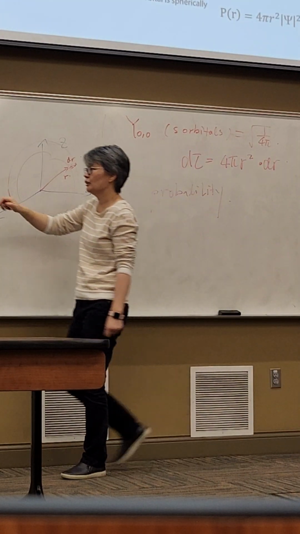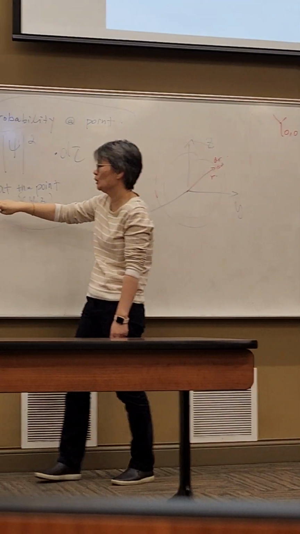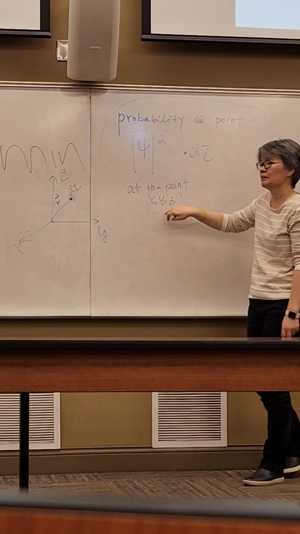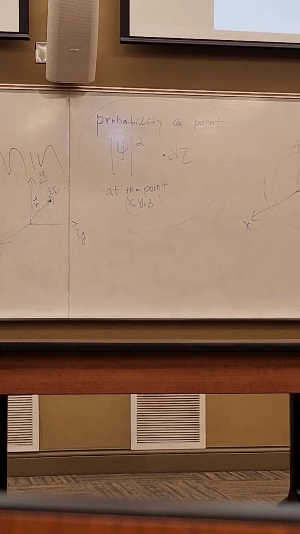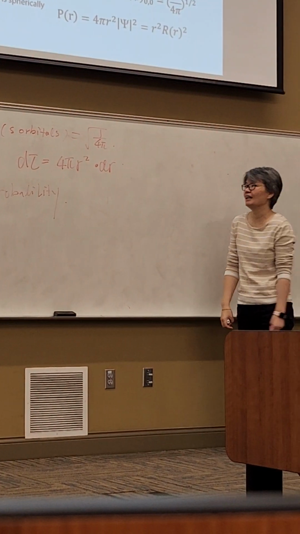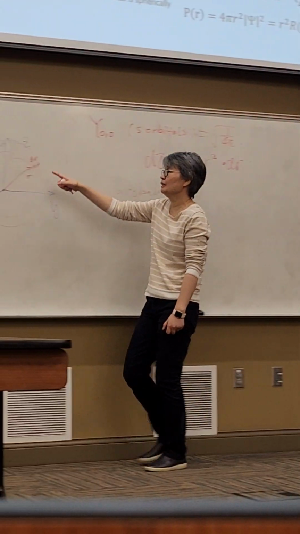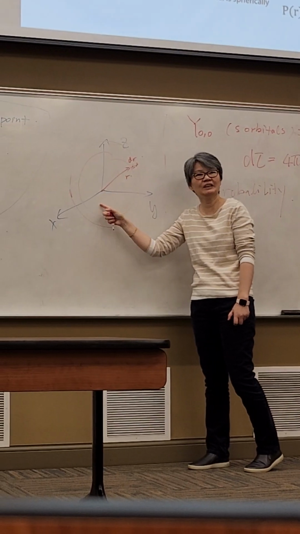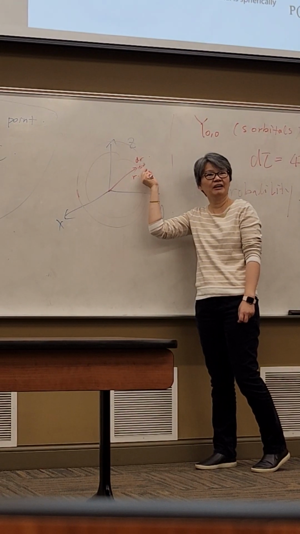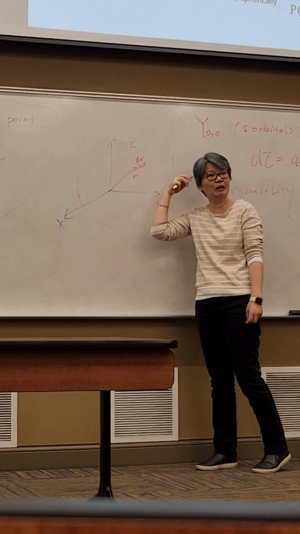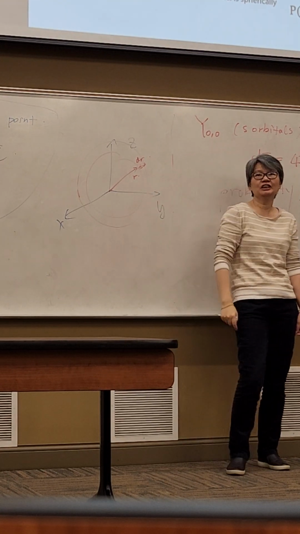So instead of calculating the probability at a particular point, represented by x, y, z, we can also calculate the electron in the s orbital at a particular radius from the nucleus within that small thickness of dr.